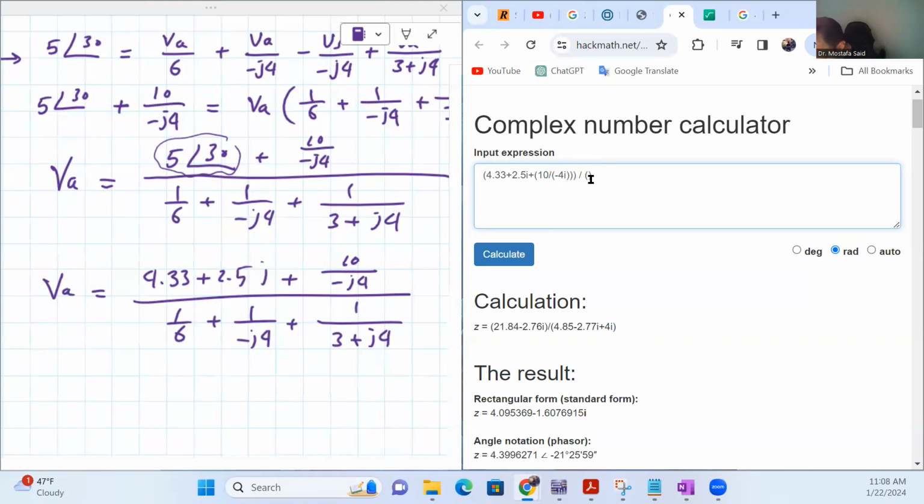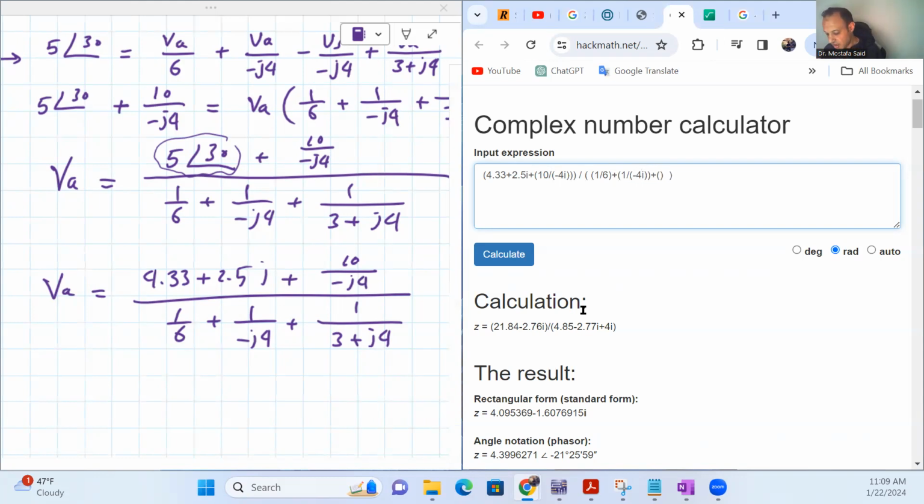Now the denominator. We have three terms, so let's widen this. So one, two, three parentheses, and they are all added to each other, so I'm going to add plus, another plus. The first term is 1 over 6. Second term is 1 divided by, again in parentheses, minus 4i.